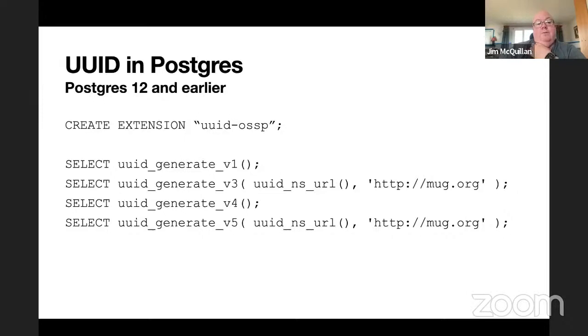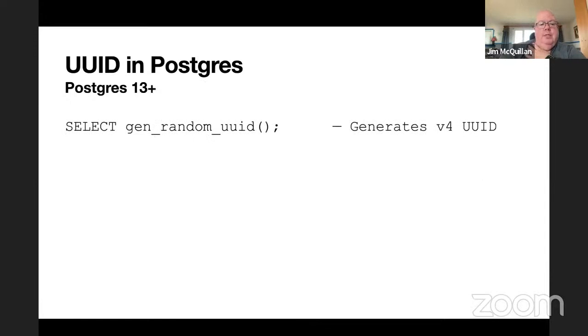This is for Postgres version 12 and earlier. You had to use the extension, the UUID-OSSP extension, in order to get these functions. Postgres 13 and onward has gen_random_uuid built in, and it's a V4 UUID.